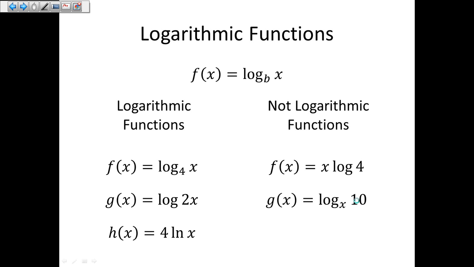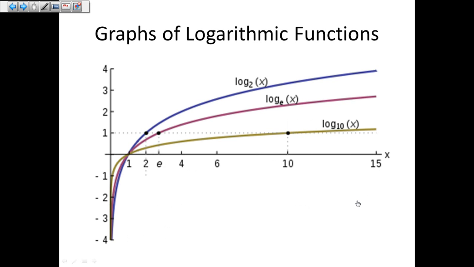Alright, so all that's left is to talk about the graphs of these logarithmic functions. Now these are some basic logarithmic graphs. Here we see the log base 10, the common logarithm. We see the log base e, better known as the natural log. And we see the log base 2.